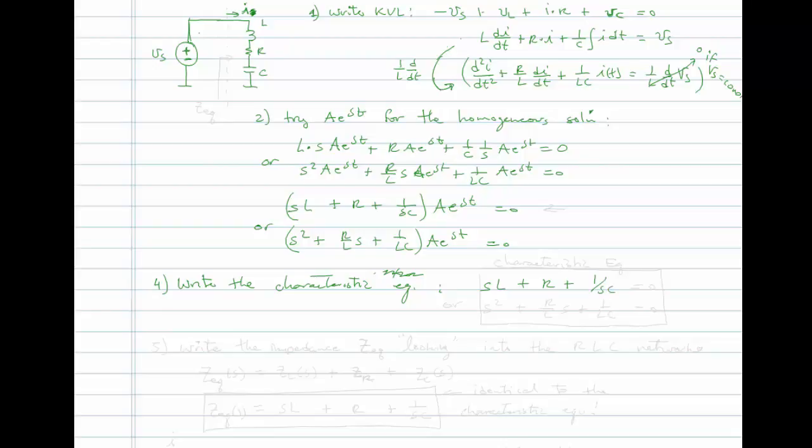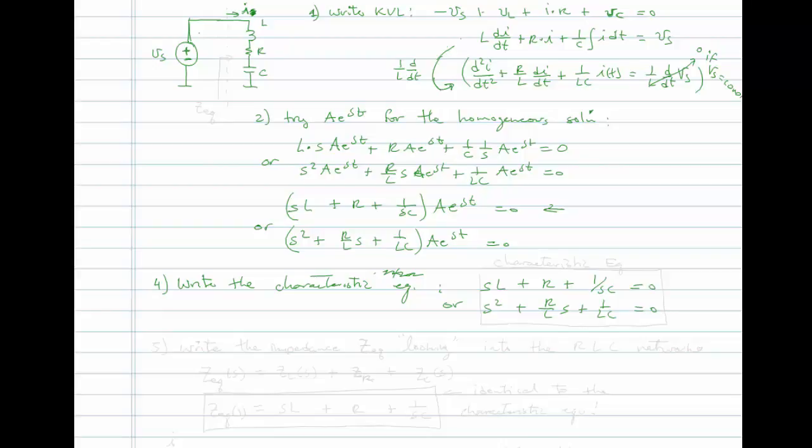And of course, for A e to the st to be a solution, this equality has to be satisfied for all time. So therefore, the polynomial in S there has to be equal to 0. That's our characteristic equation. Or, we've probably written it more commonly as this. These are the same expressions, though.